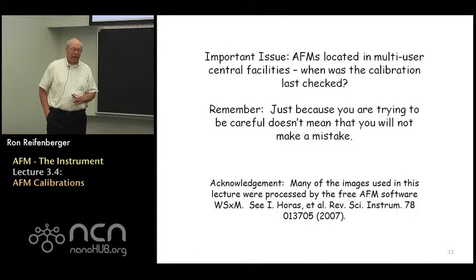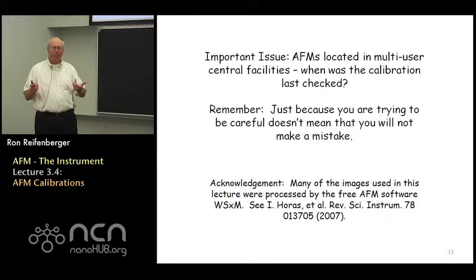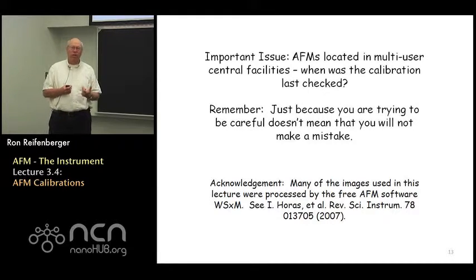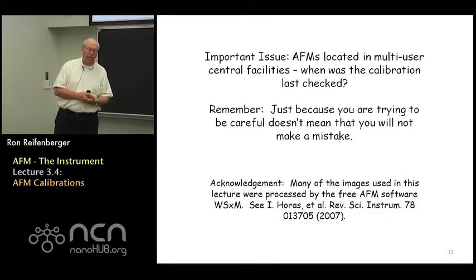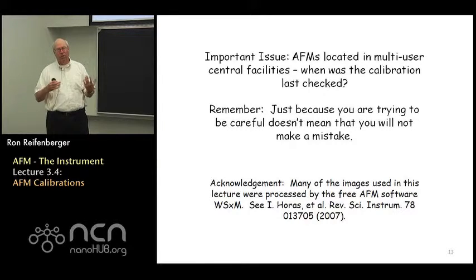So I'd like to end the lecture with a warning, I guess, because very often you may be using an atomic force microscope that's located in some central facility, and it's a multi-user AFM, so many different users are coming and going. I always get nervous when that situation arises, because I always want to know when the calibration was last checked.